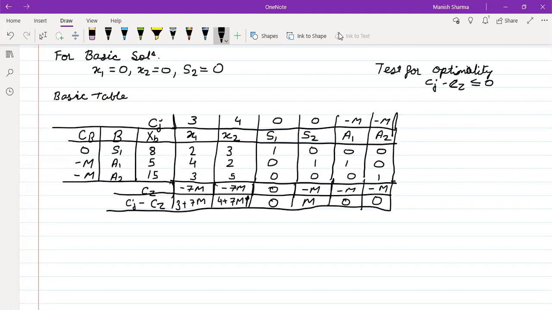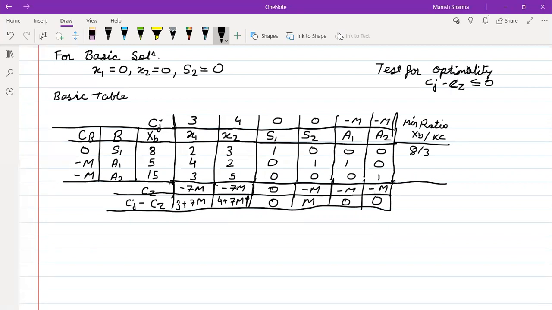So we have selected this as the key column. Whenever we select the key column, we mark an arrow in that column. Then we calculate the minimum ratio. Minimum ratio is xb divided by key column. So 8 divided by 3.